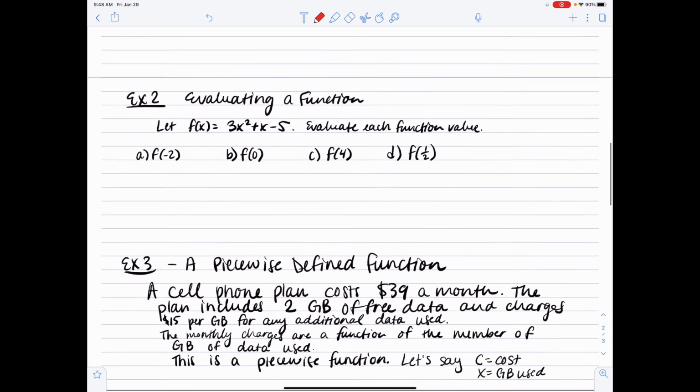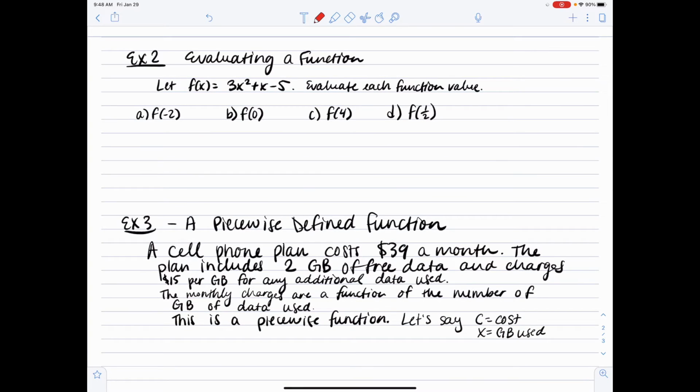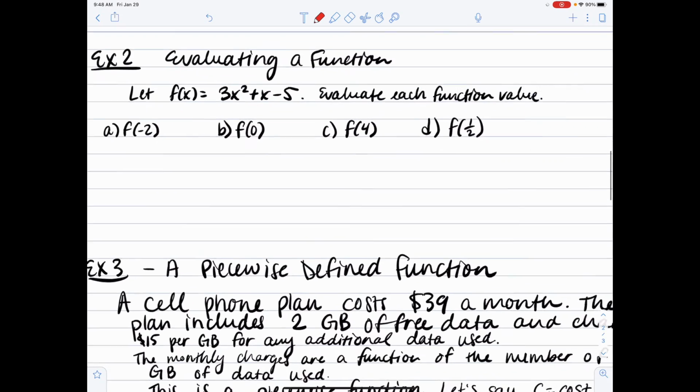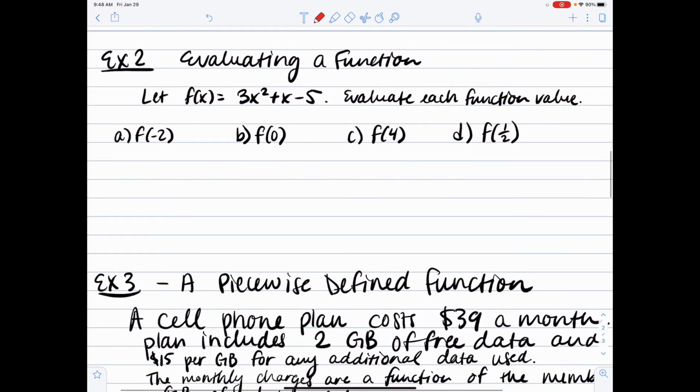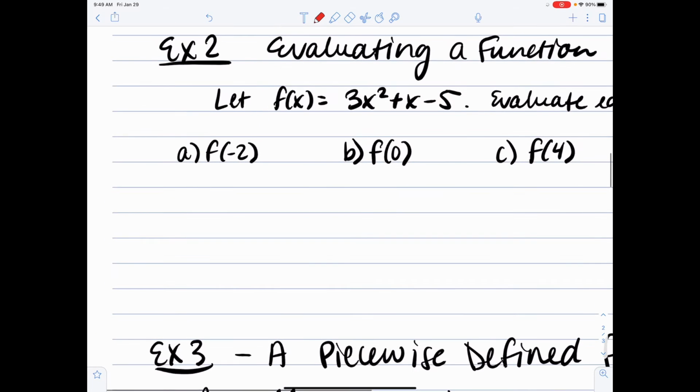Okay, example 2. Evaluate a function. So this is just more practice with evaluating. So the function is 3x squared plus x minus 5. Evaluate each function. So we're just going to go ahead and plug these in, show our work. So f of negative 2, let's move over here so I have some room.